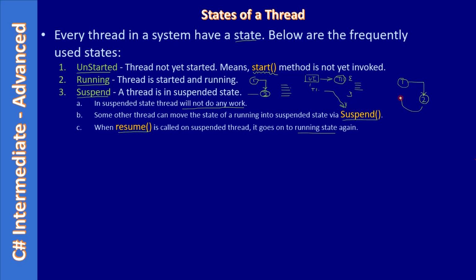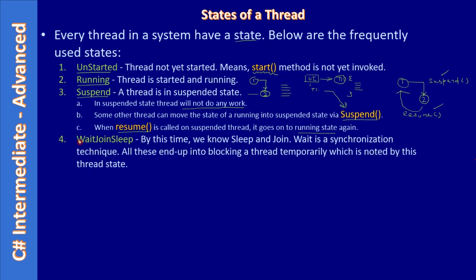From the suspended state it can go back to the running state. Here we will make a call to the suspend method, and here we will make a call to the resume method. So the thread can be set to the running state from the suspended state.